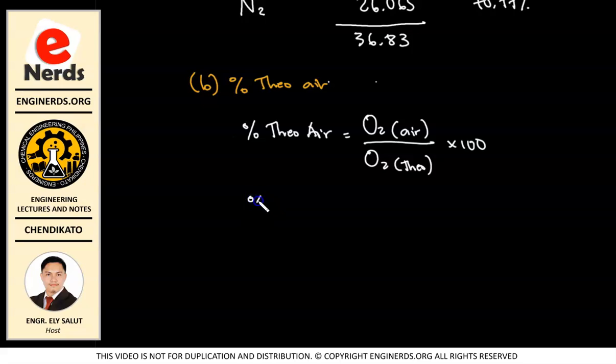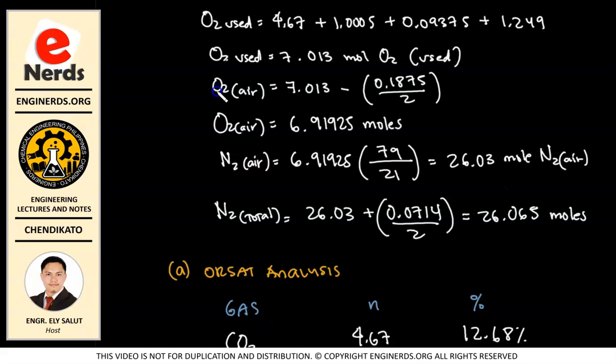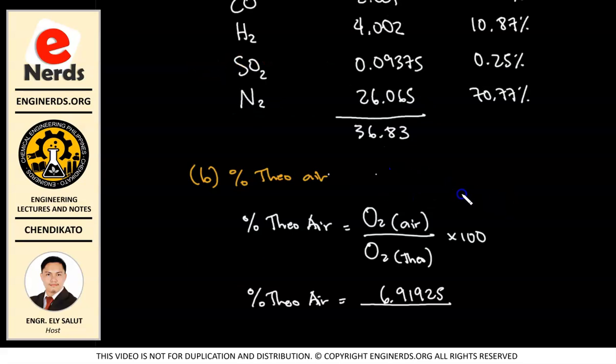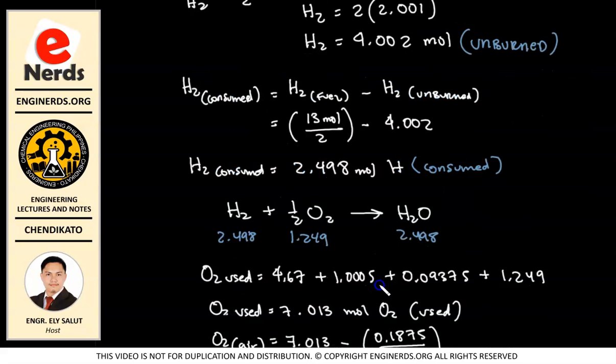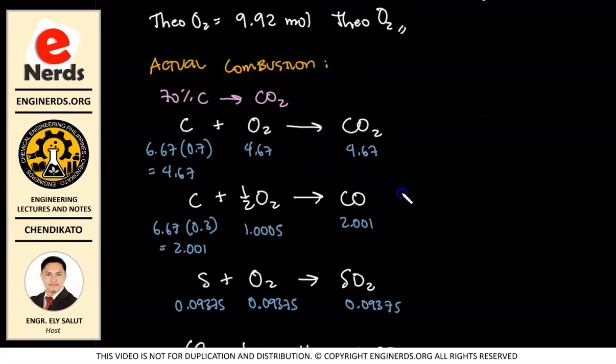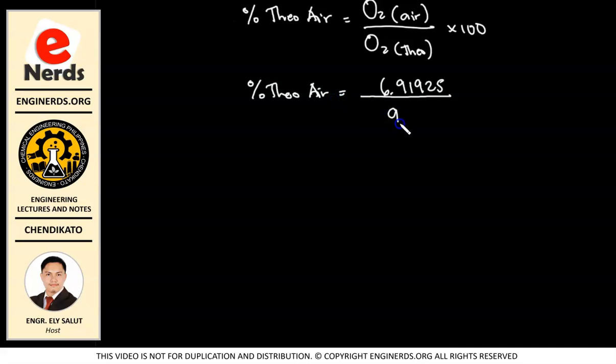So percent theoretical air is equal to our O2 from air, which is 6.91925, divided by our theoretical O2, which is 9.92, times 100.